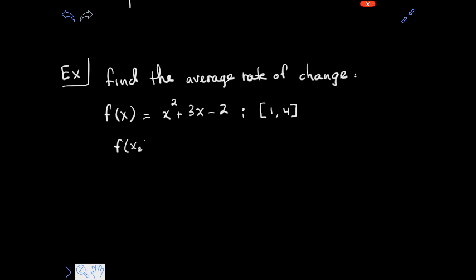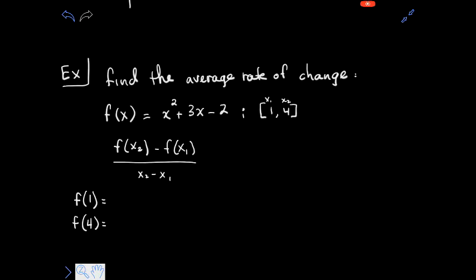So f of x2 minus f of x1 over x2 minus x1, where here we have x1 and x2. So we need to figure out what f of 1 is. We need to figure out what f of 4 is.